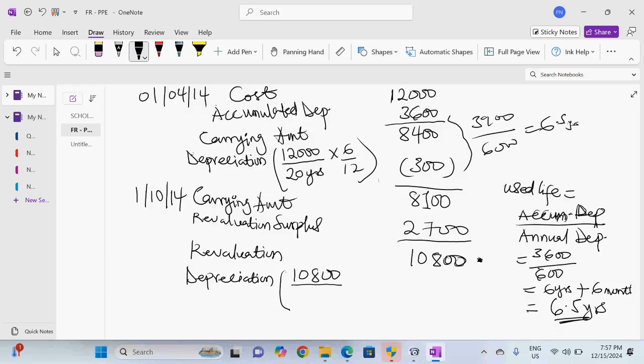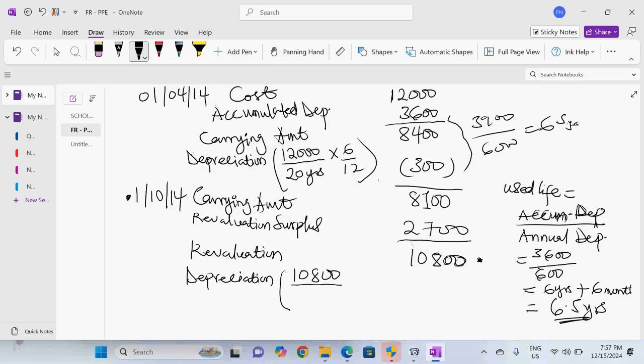But what I want you to understand is that I broke it down into two: the 6 years up to 1st October, the depreciation up to 1st October. Then from 1st October to 31st March, that is an additional 6 months that has also been used.